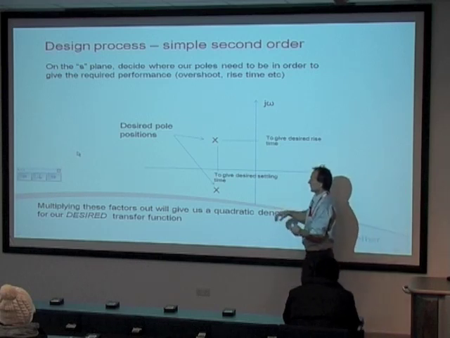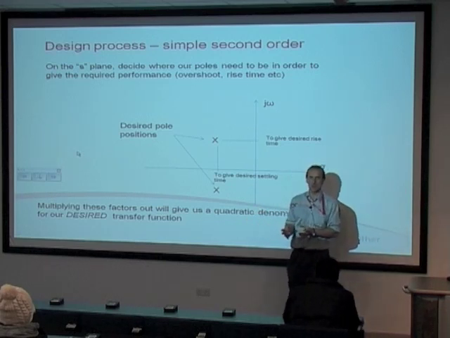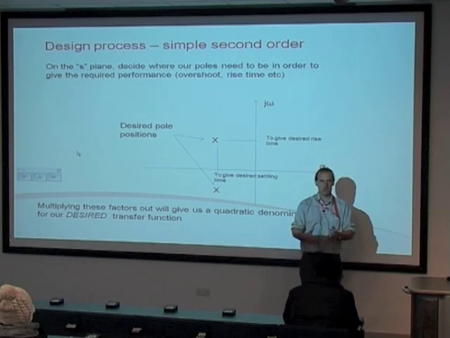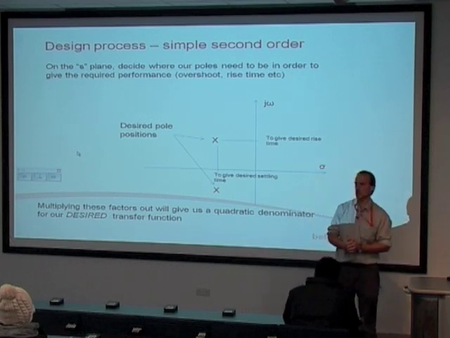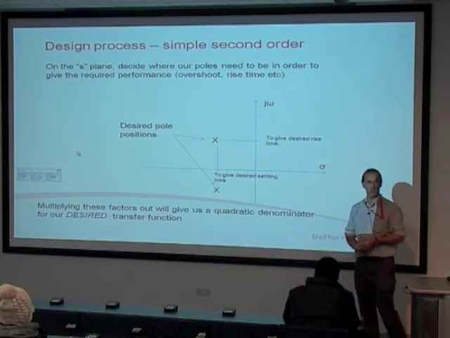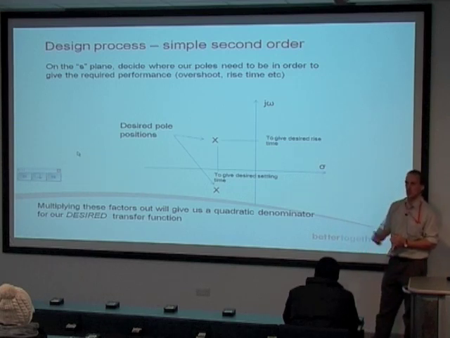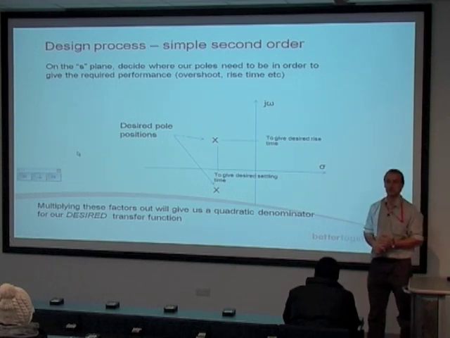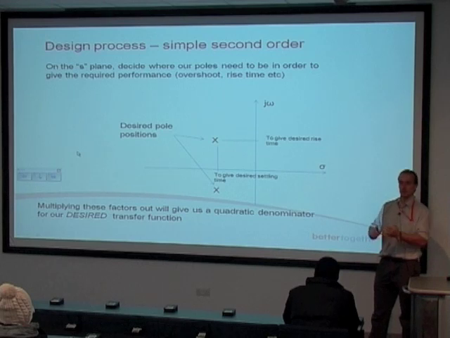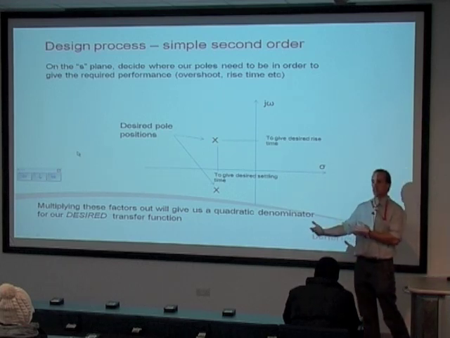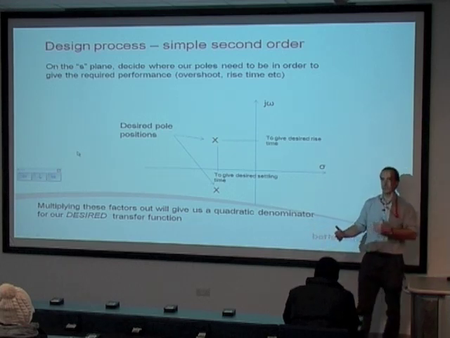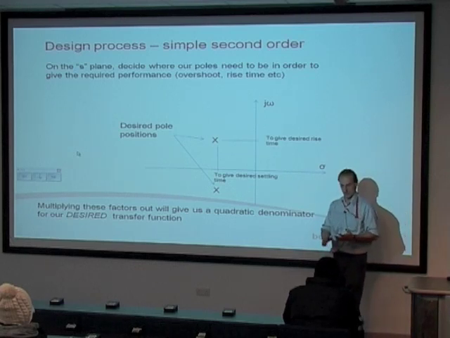So if we've got performance criteria, say your boss says, go and put a controller on that system and make sure that it's got a rise time of no less than 1 second and it doesn't overshoot more than 5%. 5% overshoot you can relate to zeta values, we've got tables where you can look that up.